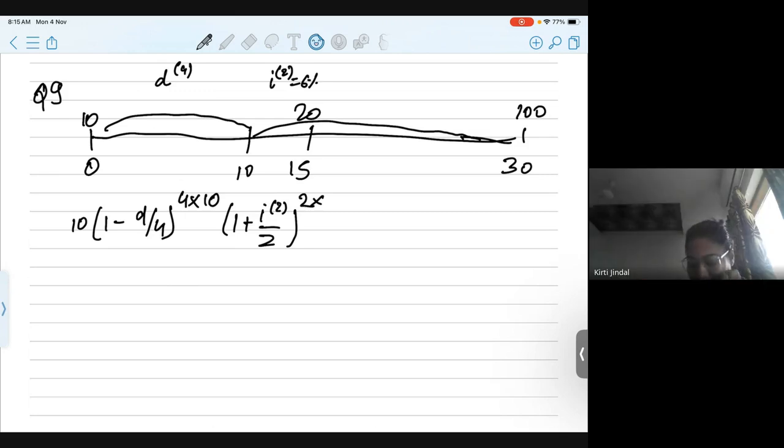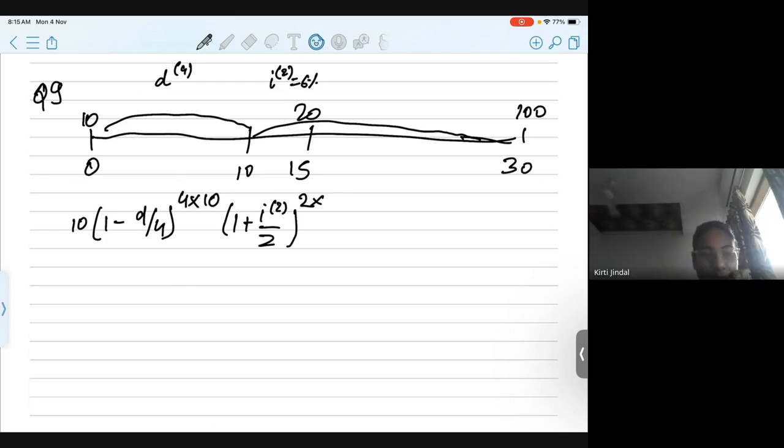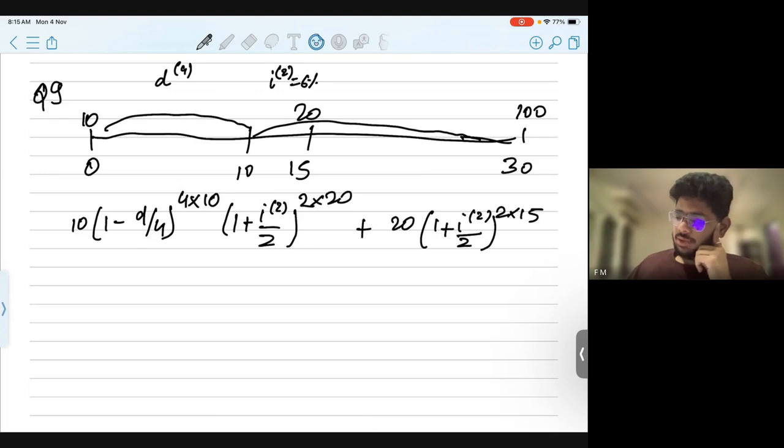Then plus 20, 1 plus I2 by 2 raised to power 15 into 2. This is still incorrect. There is one mistake here. Go through it again.